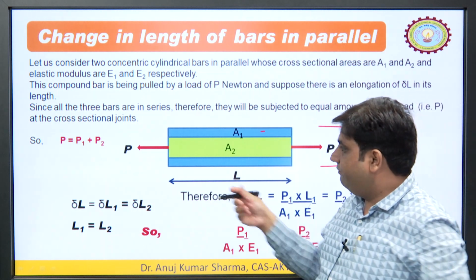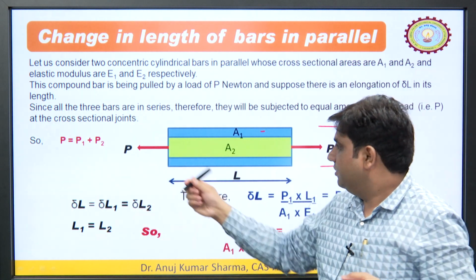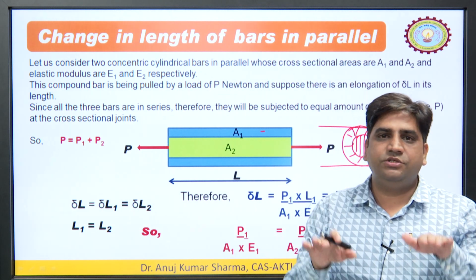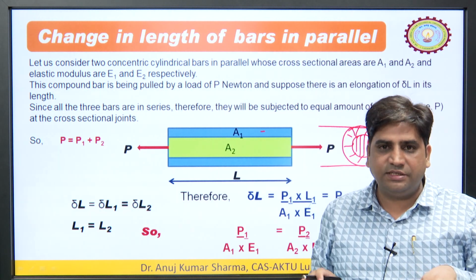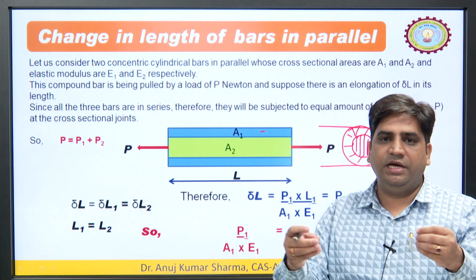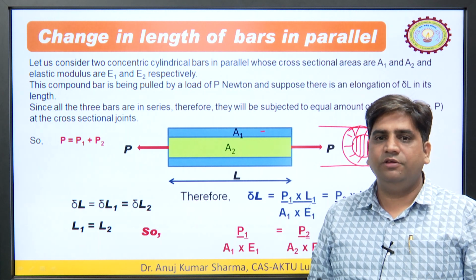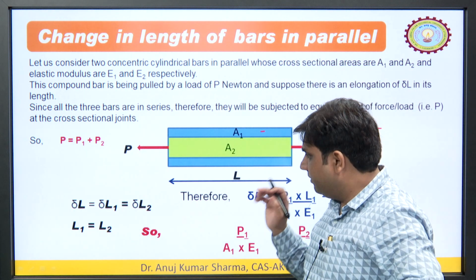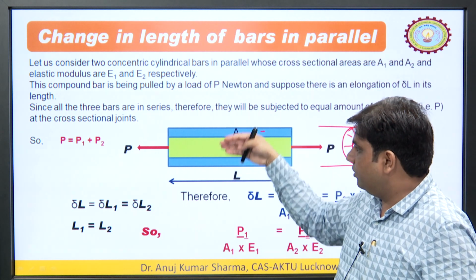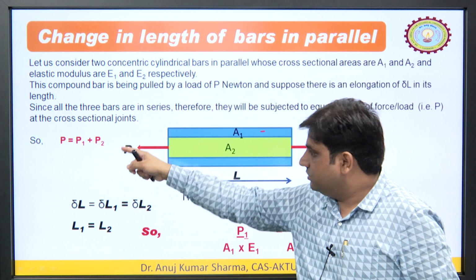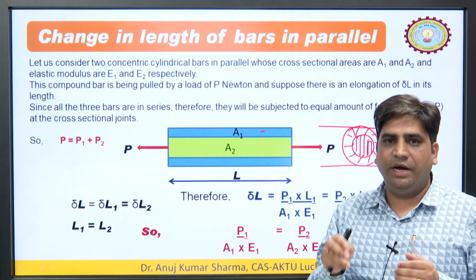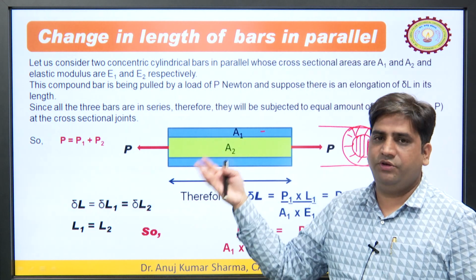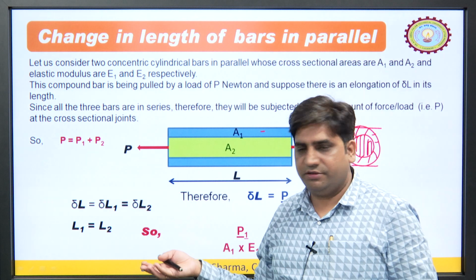Here, if we stretch this rod, P here, P here. It is just like a stool: if we are sitting on the stool, what happens to the legs? Our load is shared equally by the 4 legs if all the 4 legs are identical and the platform is horizontal. Similarly, if we apply the rods in parallel, this load would be shared by these two different materials, maybe equally, maybe unequally, depending upon various factors.